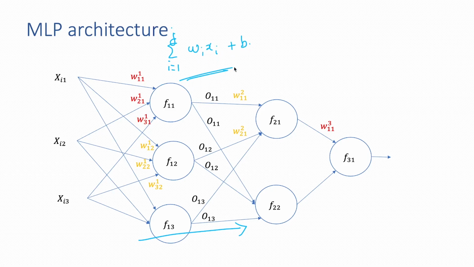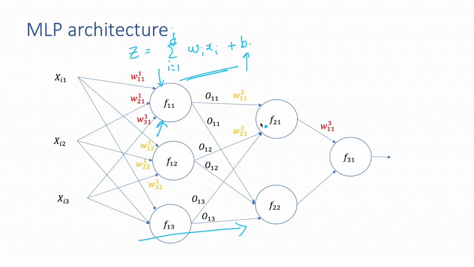This is a more generic form of what you are computing at this particular node or neuron here. We're just taking the weighted sum of inputs that we received from the previous layer, and we are also adding the bias term associated with this particular neuron. So this is z that we compute.